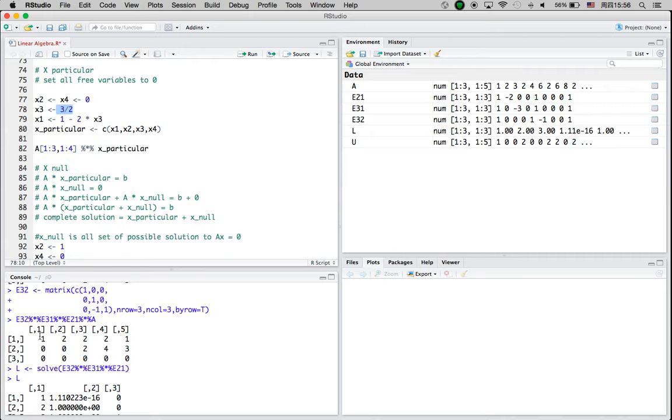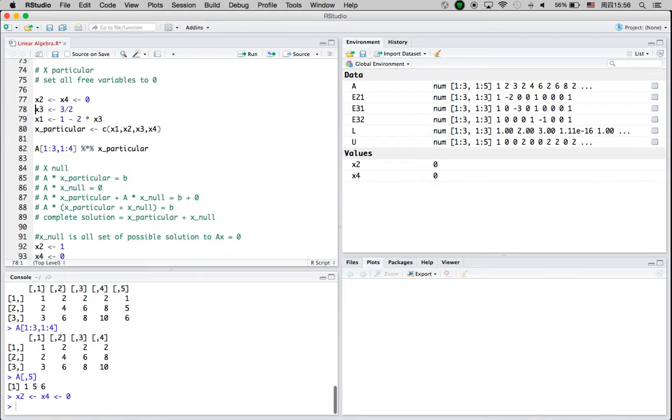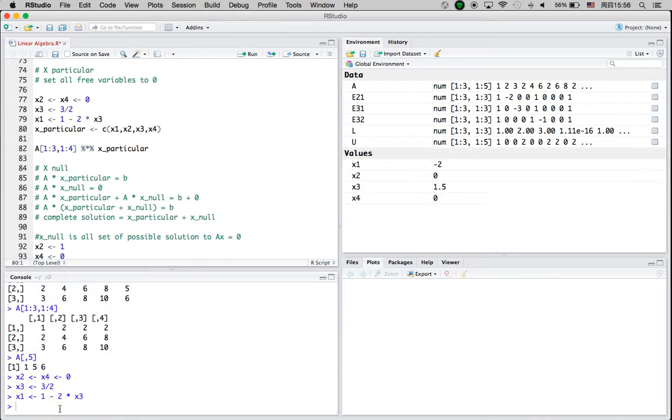And then x1 is just 1 minus 2 times x3, where we have x1 x2 x3 x4 here. The free variables we set to 0, and for the pivot columns we have -2 and 1.5.